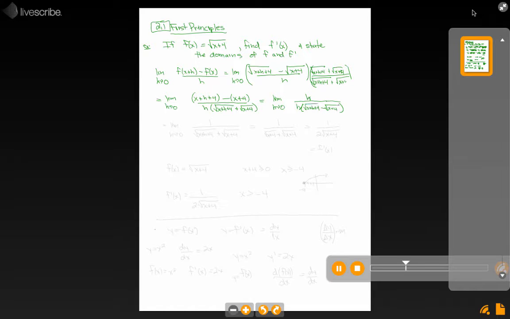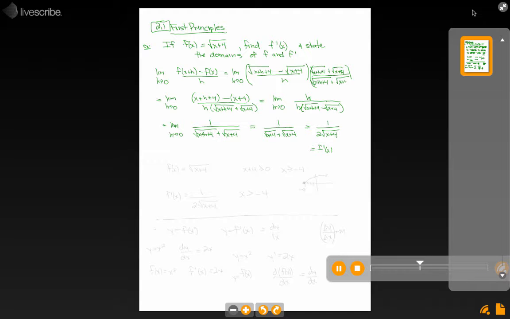And on the bottom I have an h that's factored out as well, so we're going to be able to cancel out those h's and be left with the limit as h goes to 0 of 1 over the square root of x plus h plus 4 plus the square root of x plus 4. h can now actually go to 0, and we have 1 over the square root of x plus 4 plus the square root of x plus 4, which more simply put is 2 times the square root of x plus 4 in the denominator.